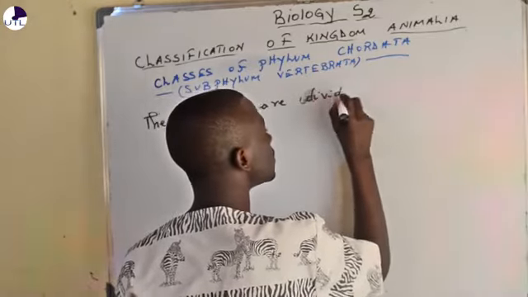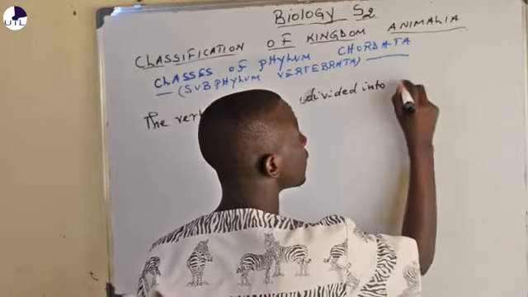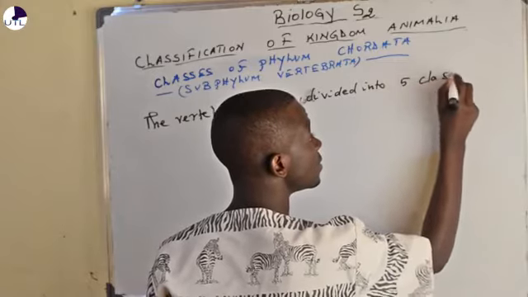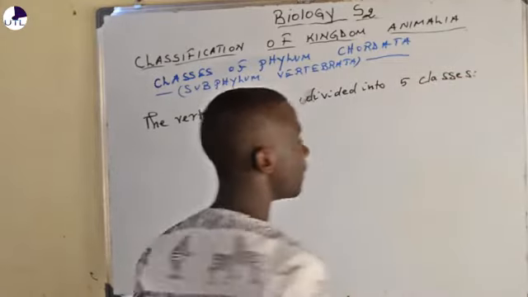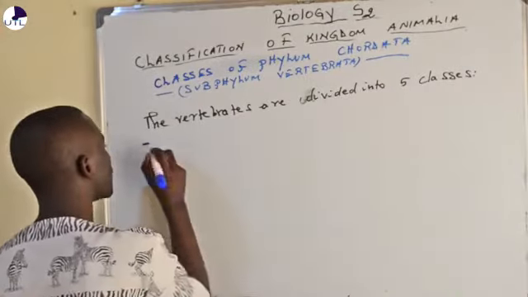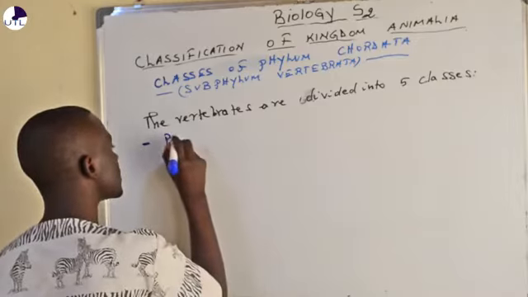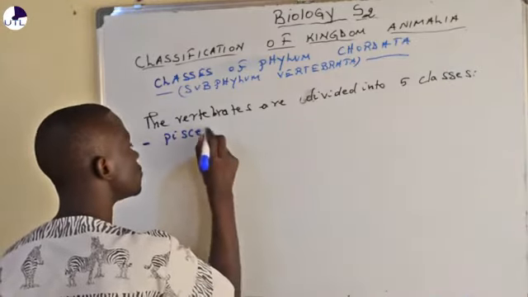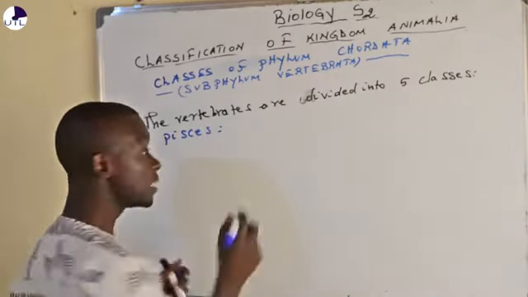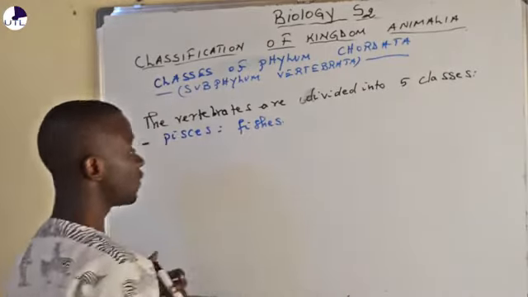5 classes. These 5 classes are: we have the class Pisces. Here the example is fishes. These are actual fishes.